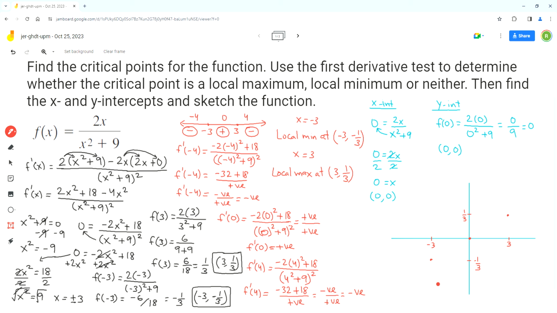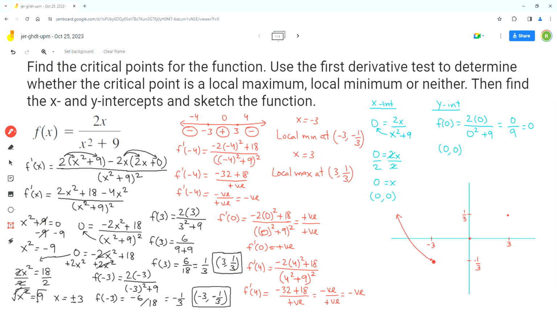Now we can sketch the graph. On the left side of negative 3, the function is decreasing because we got a negative sign for f prime of x. So that means from left to right, the graph is sloping down because any tangent that's drawn to this function should have a negative slope.